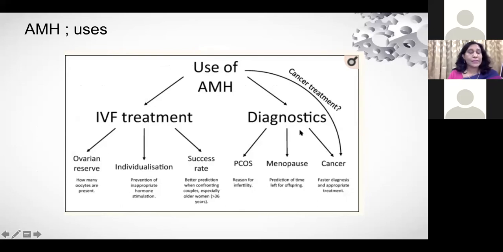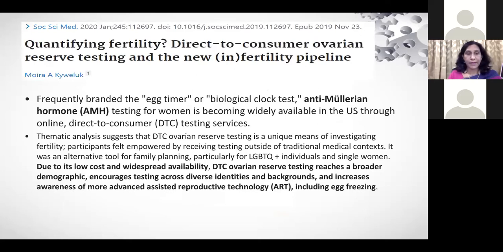Also, apart from IVF treatment, we can use it for making diagnoses like PCOS, menopause, and in some cancers.